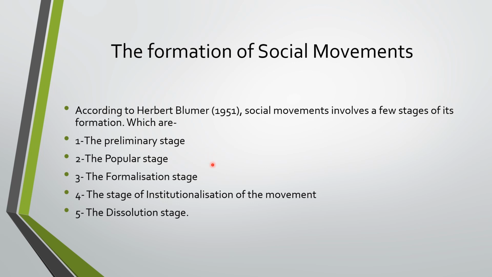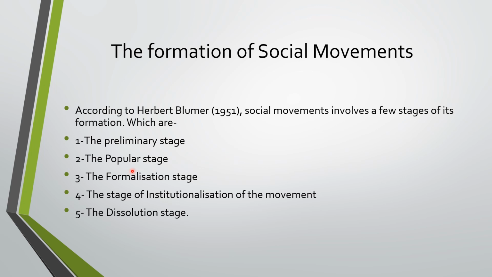Dissatisfaction or a feeling of deprivation or restlessness alone does not lead to a movement. People should believe or should be made to believe that these deprivations are man-made and they can be effectively tackled through collective actions. Only then is the stage set for the emergence of a movement.